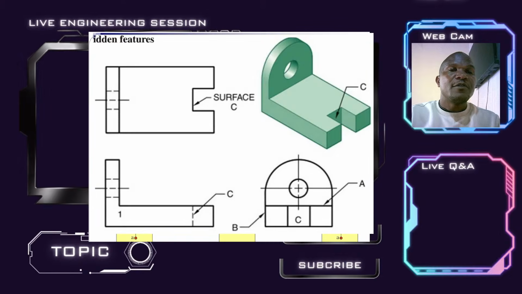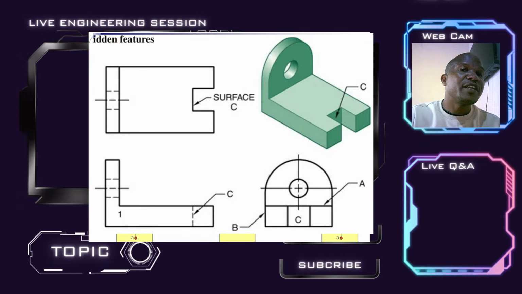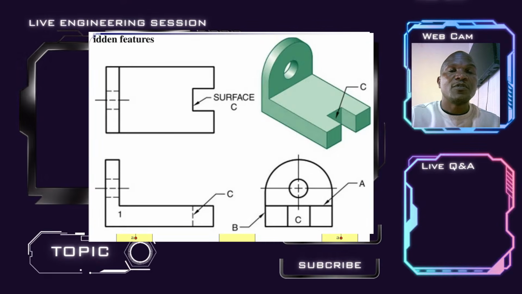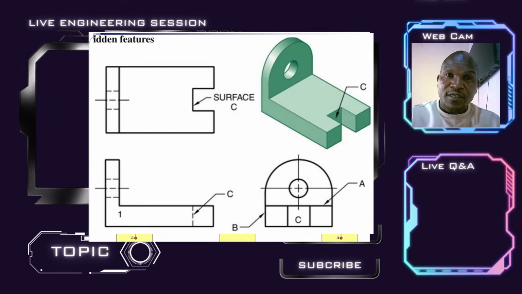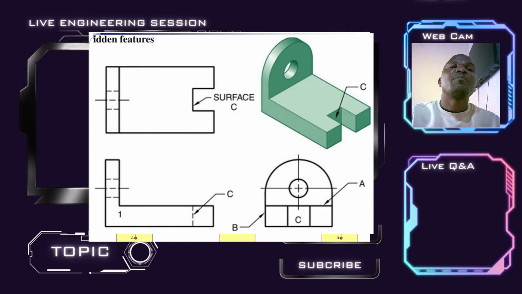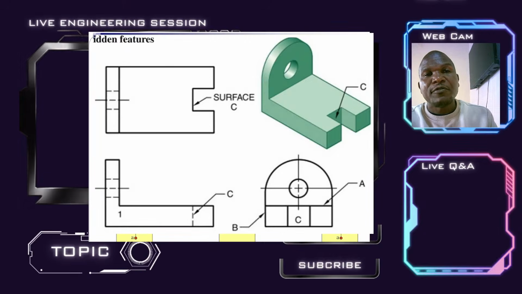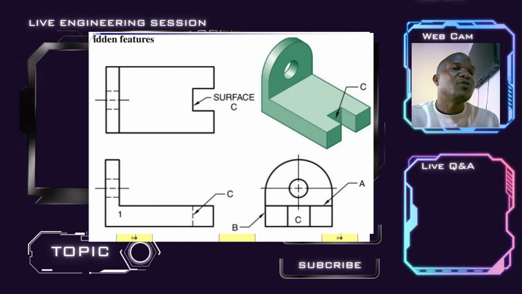From the front view, you'll not be able to see the hole that is visible from the front side view. Either way, from the plan, you'll not be able to see the hole that is horizontally visible from the front view. That is demonstrated by using a hidden line.